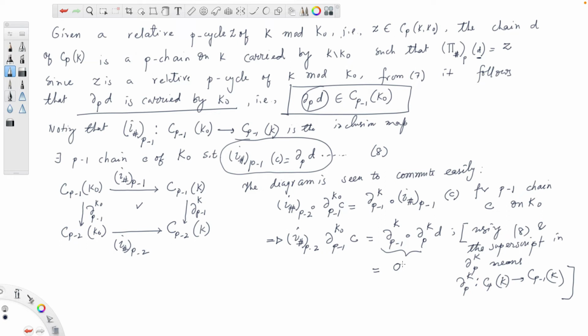So that we end up with, so this is a monomorphism, right? And hence this has to be 0. What we have inside the bracket is 0. So we get ∂_{p-1} superscript K0 acting on c is 0.